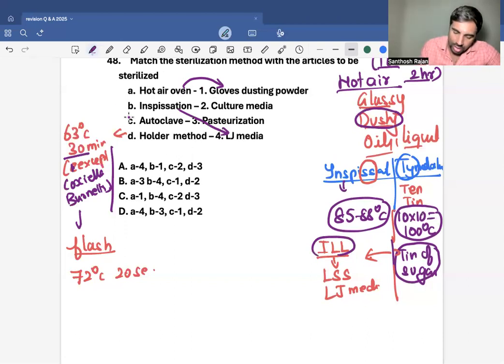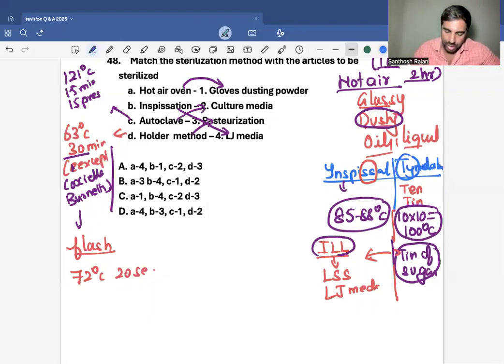Autoclave, most things: 121 degrees Celsius, 15 minutes, 15 pounds pressure, all 15s. Most microbiology culture media is done in autoclave. Holder method is the pasteurization method. One question definitely comes, so be careful. Hot air oven, A is 1 and B is 4, C to D is 3. That's it. Very simple and easy, so no mistake in this question.